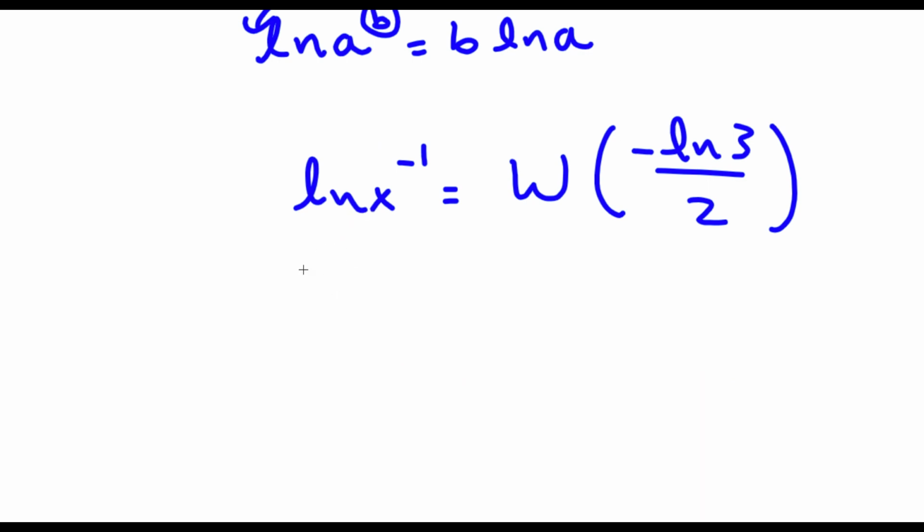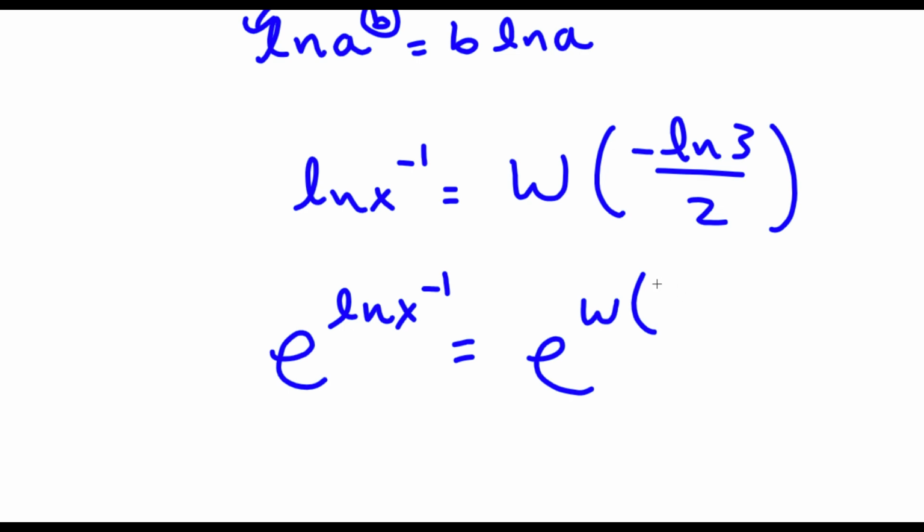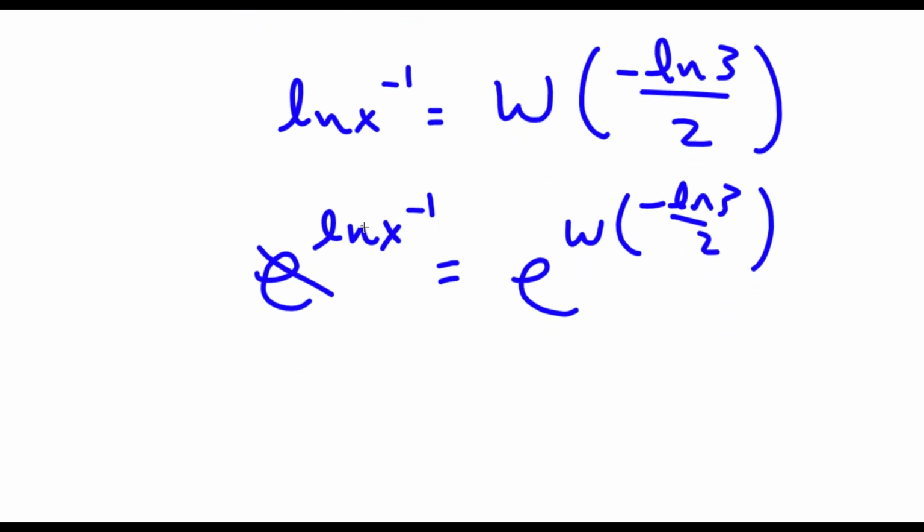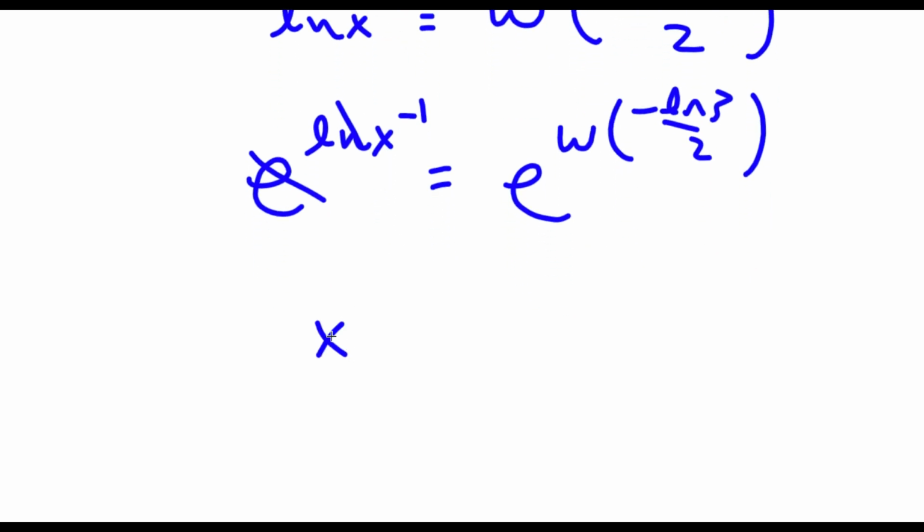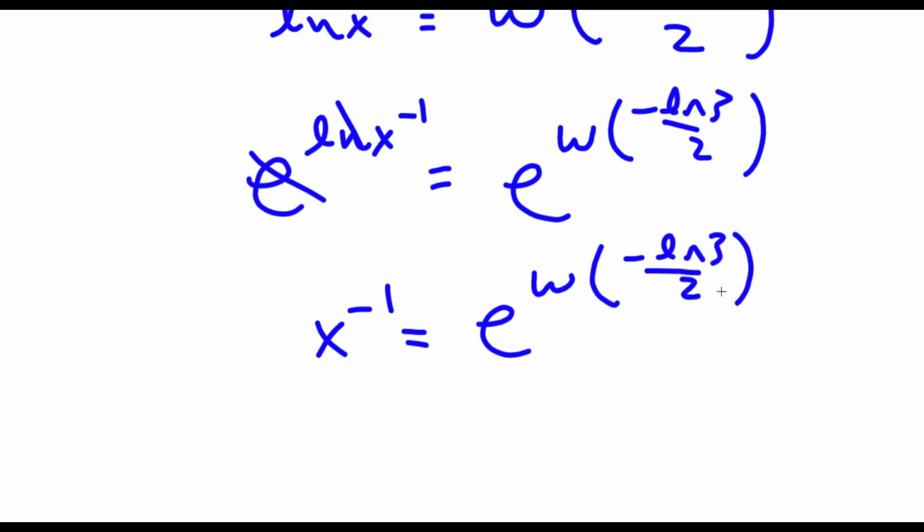Now I'm going to go ahead and take e to the power of both sides. So now I have e to the power of ln x to the power of negative 1 is equal to e to the power of W of negative ln 3 over 2. And now, remember how e and ln cancel out, so I'll simply be left with x to the power of negative 1 is equal to e to the power of W of negative ln 3 over 2.